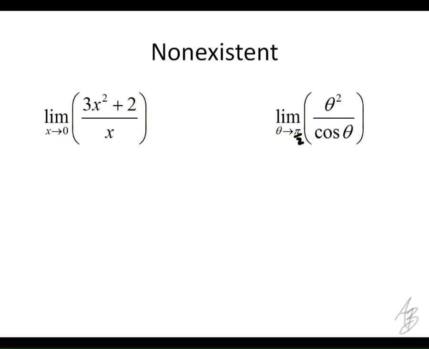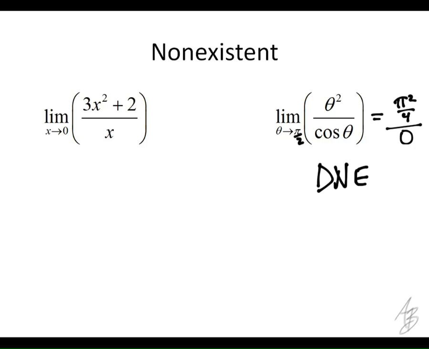Pi squared over 4. What do we get on the bottom? 0. What is cosine of pi over 2? 0, right? Because cosine starts at 1 and then at pi over 2 it's at 0. So what we end up with is pi squared over 4 divided by 0. Again, we get a number divided by 0. It doesn't exist. So we would just say does not exist.